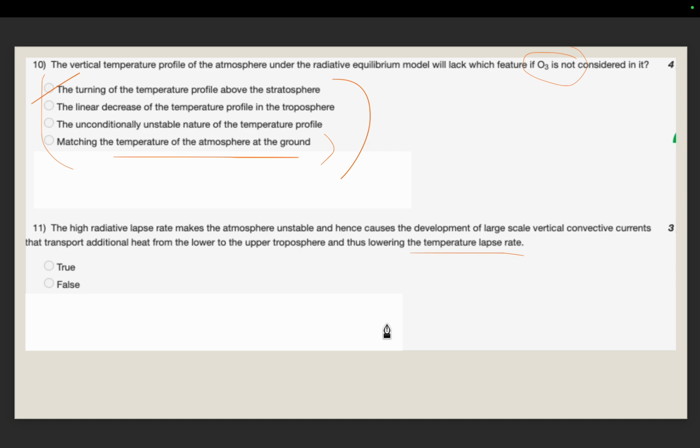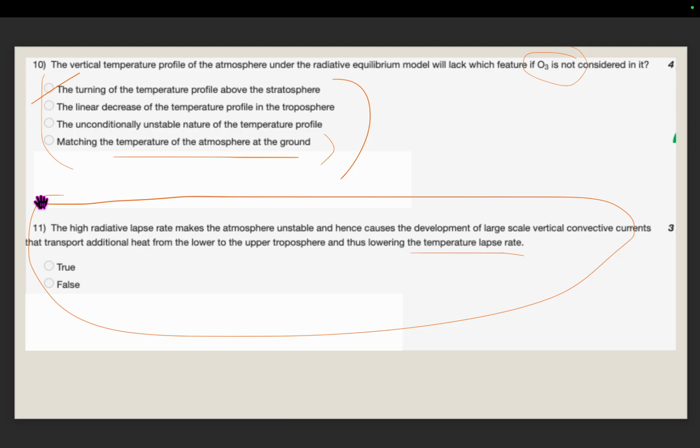No idea. I guess this statement is true, but today I have not written about the high radiative lapse rate and the temperature lapse rate description. I will discuss the key things about this question in the next class. But for question 11, this statement is true.